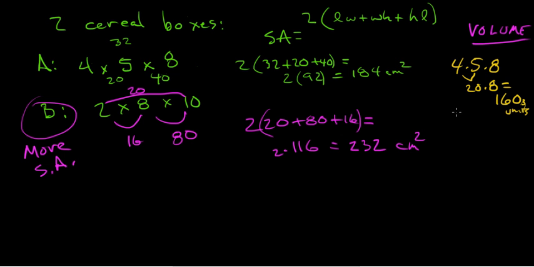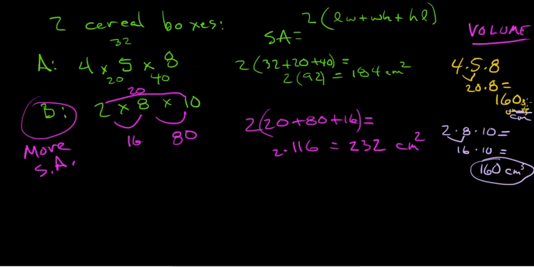There you go. And so now, what about this other one? This is 2 times 8 times 10. 2 times 8 times 10 equals 16 times 10 equals 160. It's supposed to be centimeters cubed, isn't it? Make that centimeters cubed.